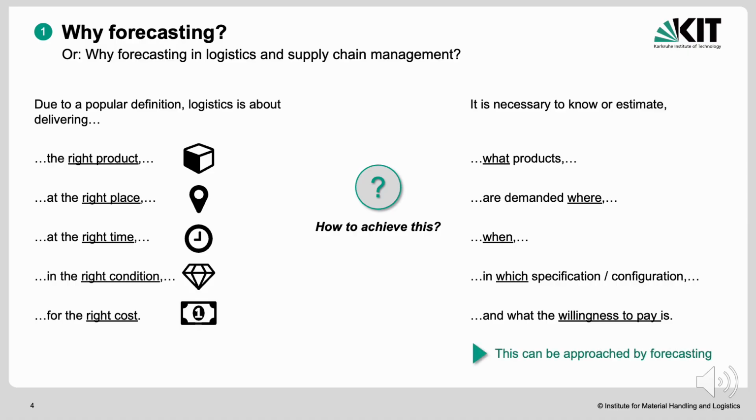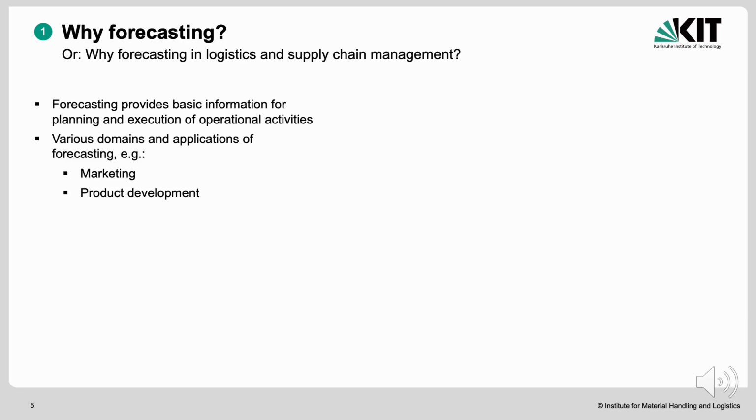So forecasting, short-term, mid-term, long-term, is very essential for building. Forecasting provides the necessary information in order to build the right framework, the right structures, the right staffing, the right agreements for our operational activities.